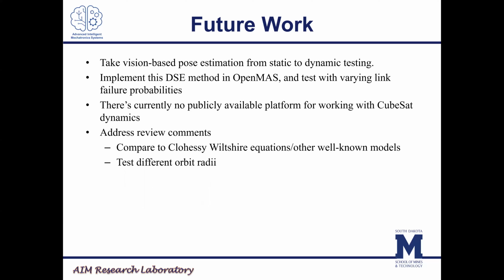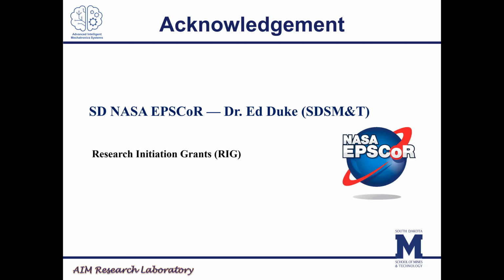Another thing is to test different orbit radii, because as mentioned, the 100-kilometer orbit that we're using, which is the same as the ISS, is a very low orbit in terms of the full scale of things. The ISS has to be pushed up every once in a while. That's not going to happen for CubeSats, so they're only going to last a month or a year there, which is not the best bang for your buck when launching a CubeSat.